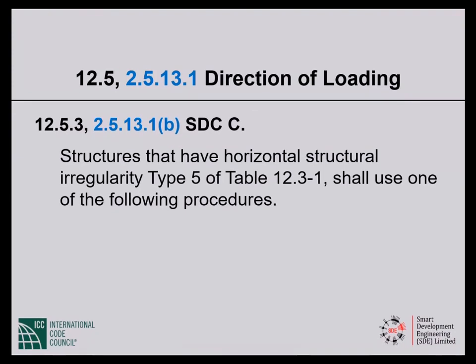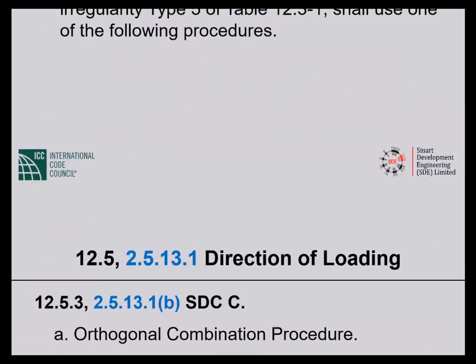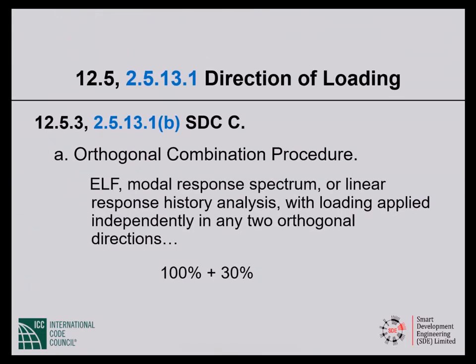Design category C, structures that have horizontal irregularity type 5 shall use one of the following procedures. Now you have to consider orthogonal effects, and one way to do that is orthogonal combination procedure.